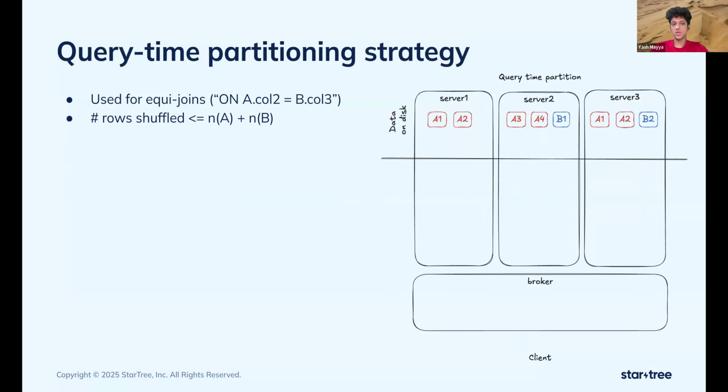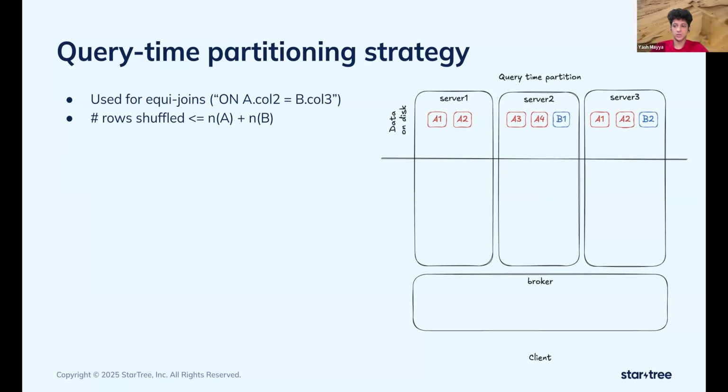So for equijoins, for instance, on a.some_col equal to b.some_col, if in this join condition it's possible to assign a partition function to each table on both sides of the join that guarantees that if the partition value for the two columns is equal, then the two column values will also be equal.